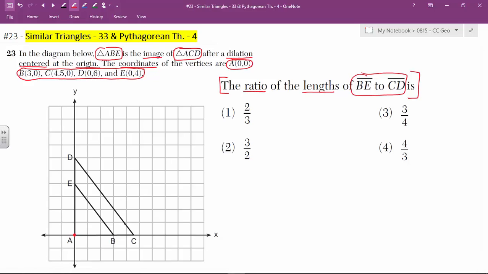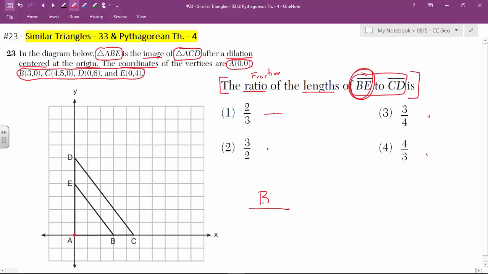They want to know the ratio of lengths of BE to CD. Which one of these fractions? By the way, ratio is a fancy way to say fraction. Which one of those fractions represents BE to CD, right?